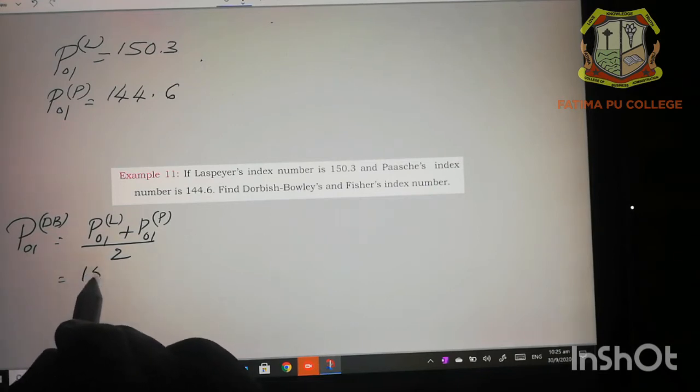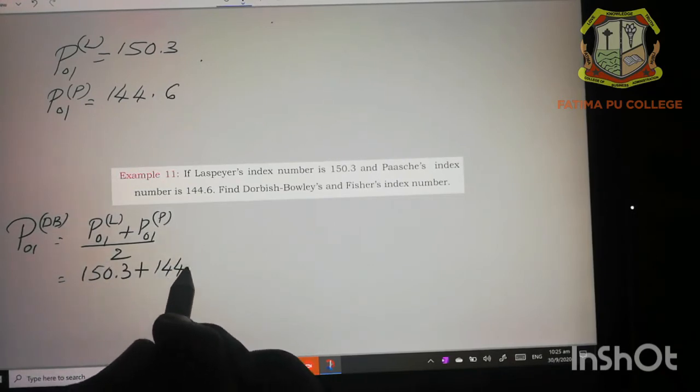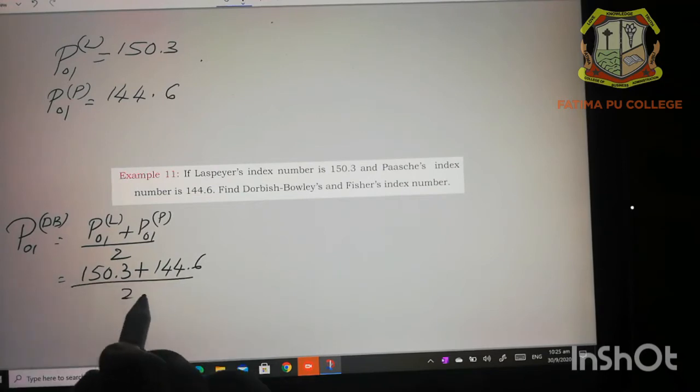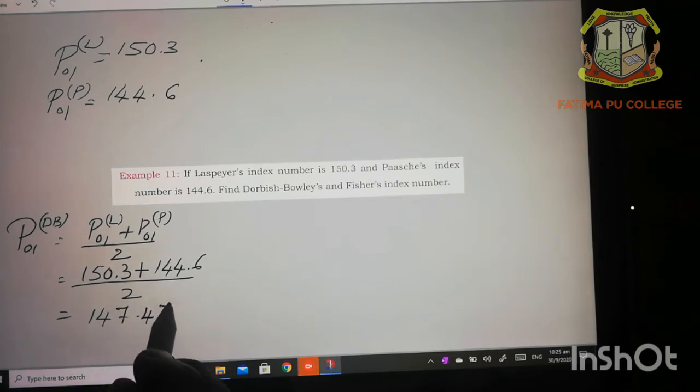That is 150.3 plus 144.6 divided by 2. You get 147.45 percent. So it is an increase of 47.45 percent. This is what we conclude.